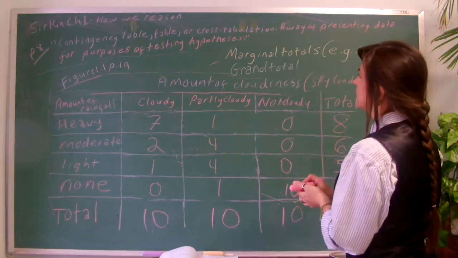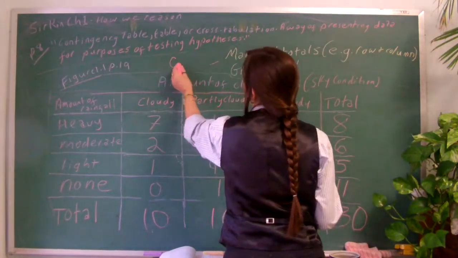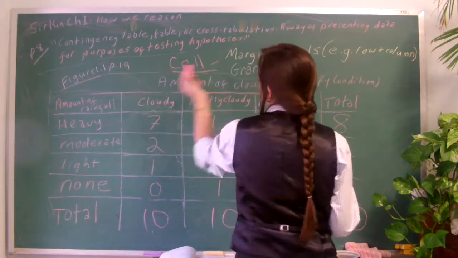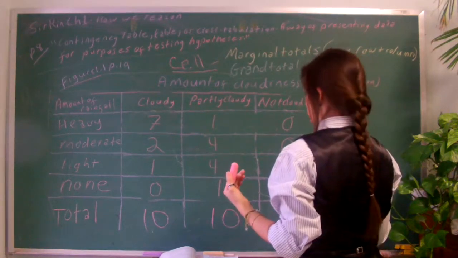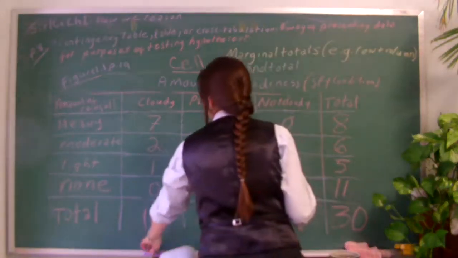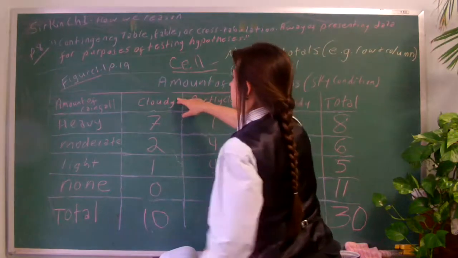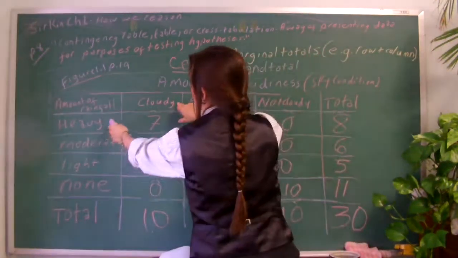And Sirkin also has something called a cell. Others refer to it as cell or cells. A cell is, for example, if you're looking at the variable cloudy, the amount of cloudiness, and the amount of rainfall, heavy.